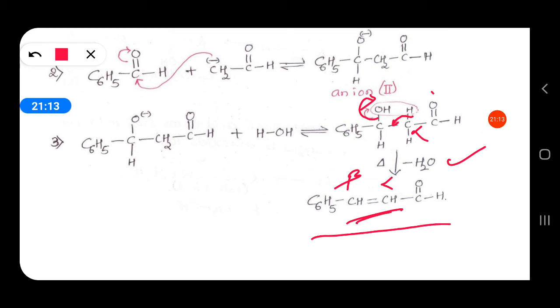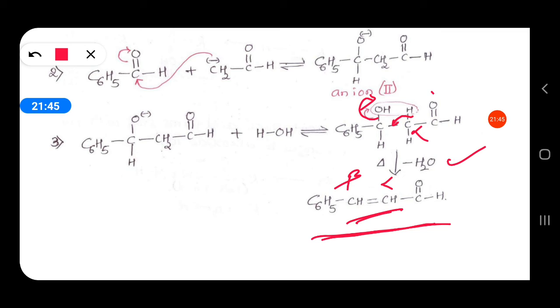Here cinnamaldehyde is obtained from the reaction between benzaldehyde and acetaldehyde. So here two different aldehydes are taken. The reaction condition is same like the aldol condensation, but the difference is in the aldol condensation, self condensation means two same molecules undergo condensation in presence of dilute base.